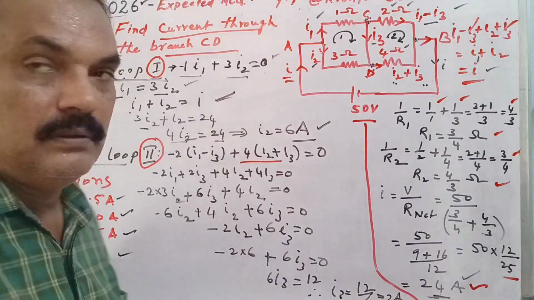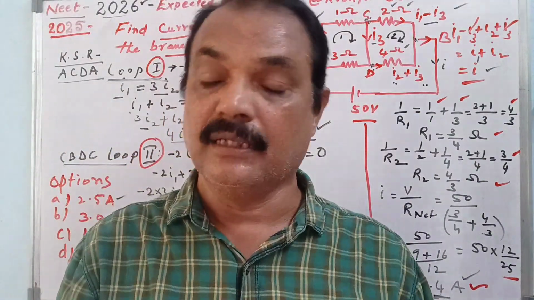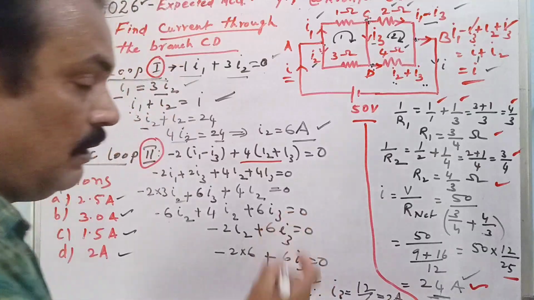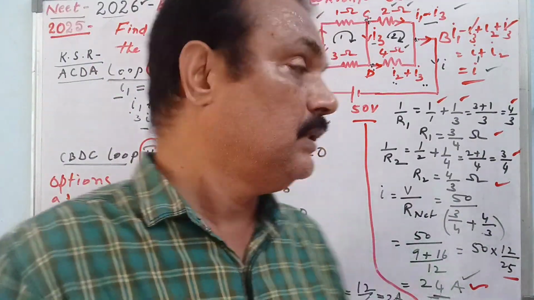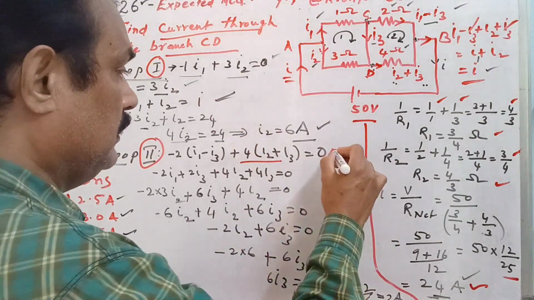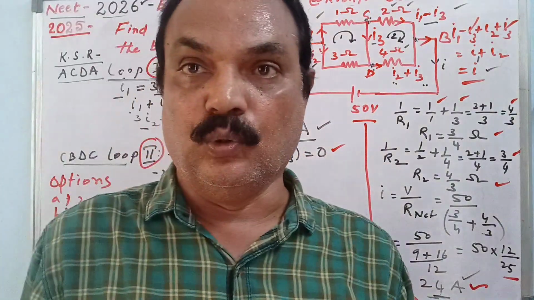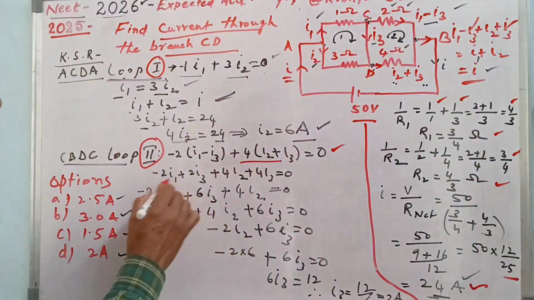There is no potential drop or potential rise by EMF, nothing is there. So it is equal to 0. The algebraic sum of the potential changes across the loop is equal to 0. So potential rise plus potential drop is equal to 0. That is Kirchhoff's second rule, right? Hope you understood this.